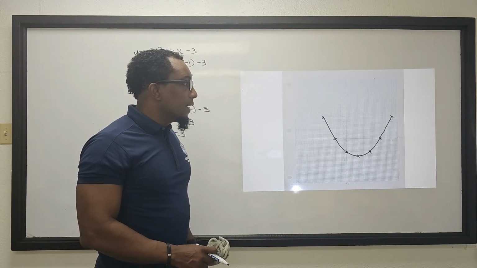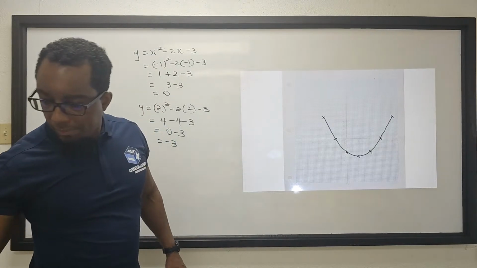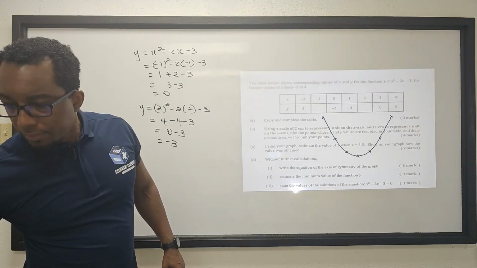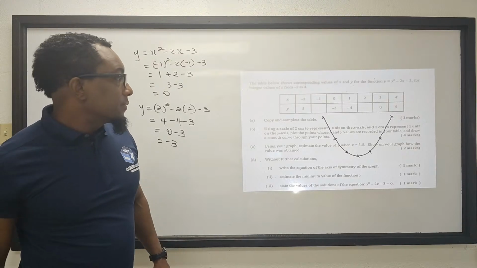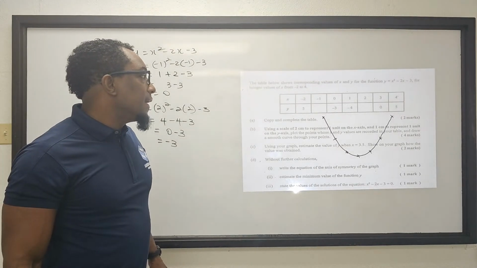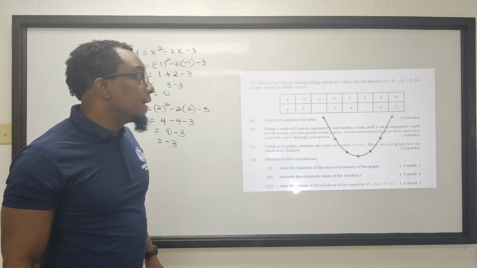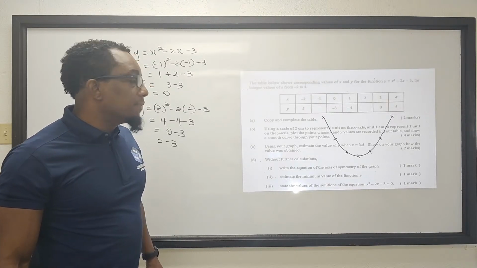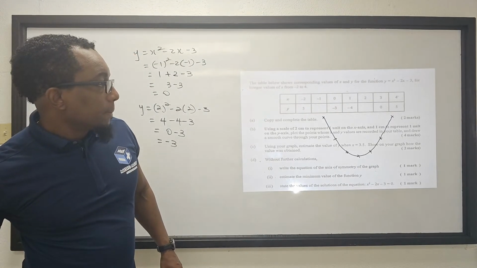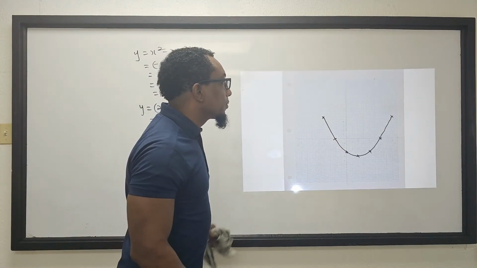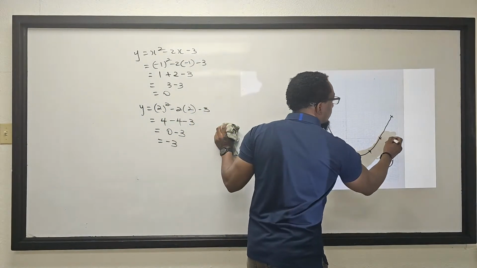Okay? And then they ask, right, so they state now, using your graph, estimate the value of y when x is equal to 3.5. Show on your graph how that value was obtained. So when x is 3.5, so 3.5 is here.